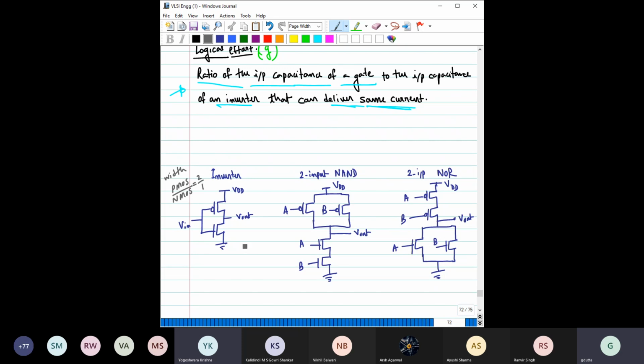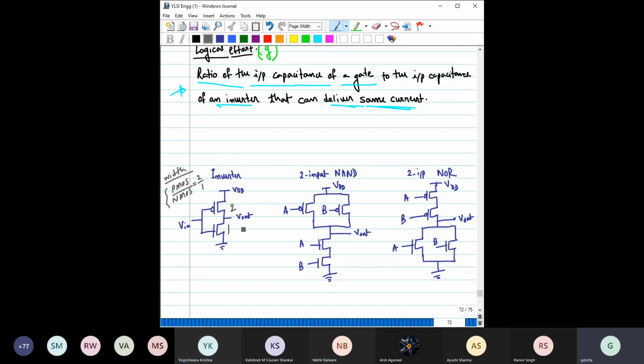So you have to make the resistance of the PMOS and NMOS the same, and depending on the technology node and the mobility of electron and hole, this ratio will change. But say for a particular technology node we have fixed this width, so this is 2, this is 1.